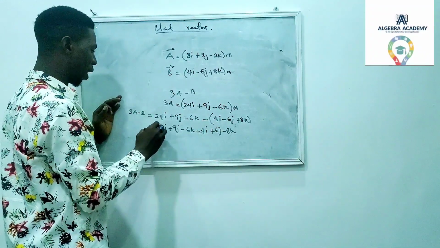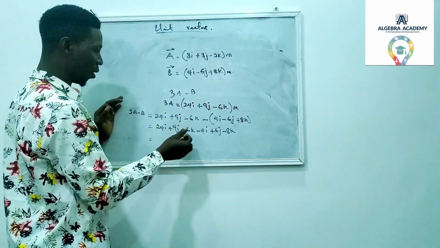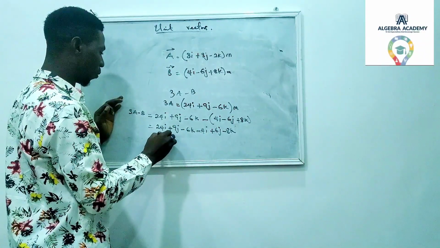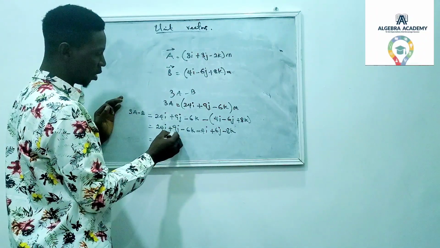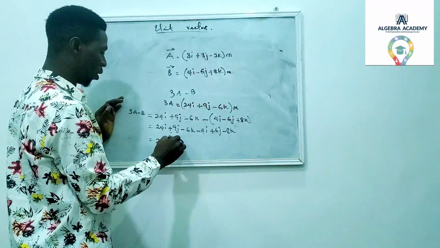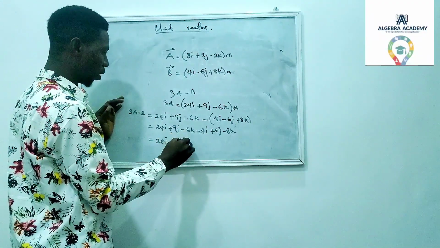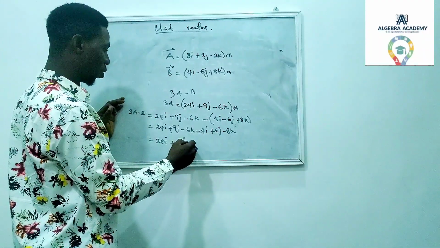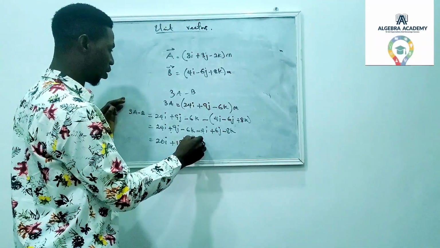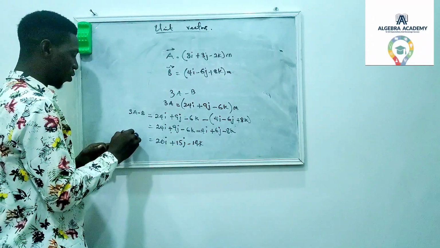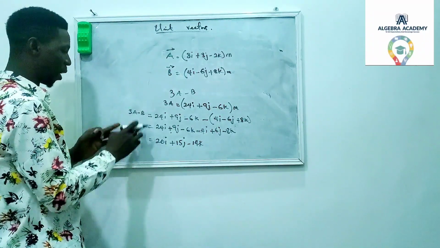Then when you solve it out, you have 24i minus 4i, that's going to give you 20i. Then you have plus 9j plus 6j, that's going to give you plus 15j. Then you have minus 6k minus 8k, that's going to give you minus 14k. Now, this is just your resultant, which is 3a minus b.